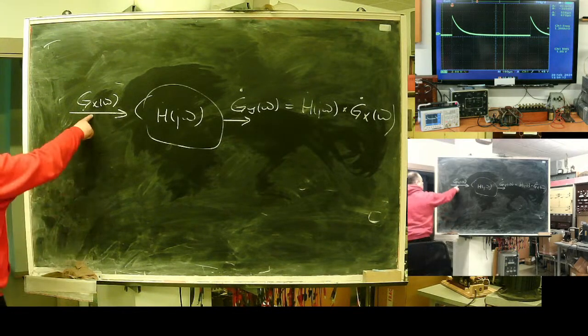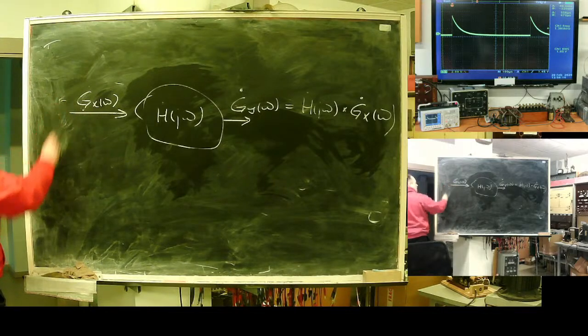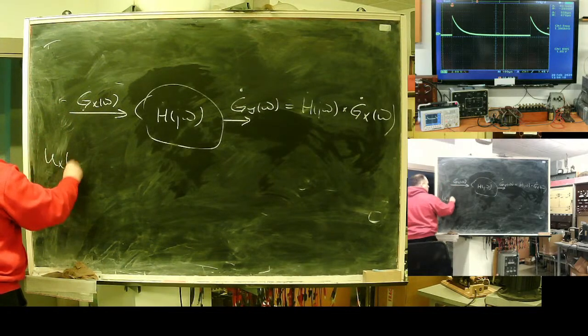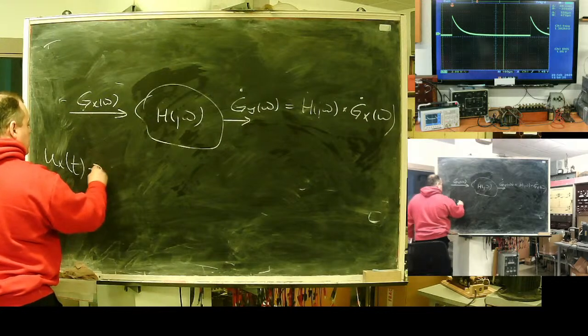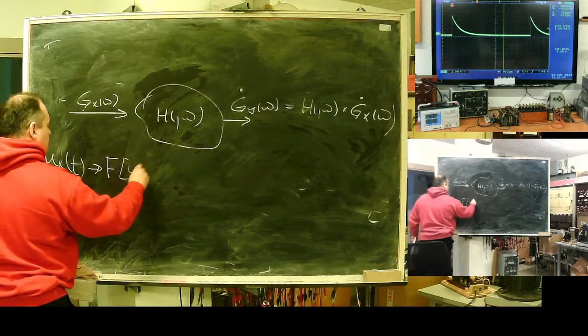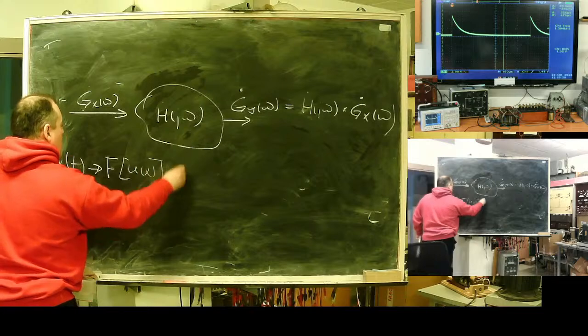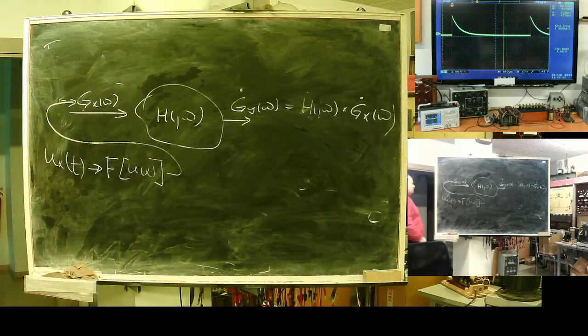But how did I get this one? I had something in our space being a function of time. With the help of Fourier transform, I got this. You just saw this nice form of Fourier transform. I can, let's say, transfer this to frequency space or create an image in frequency space.